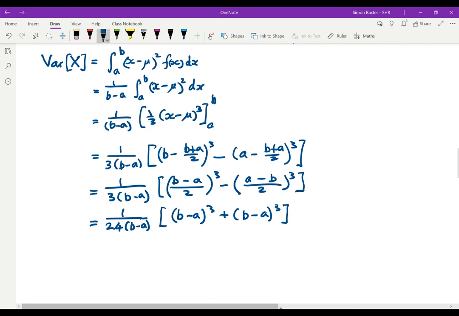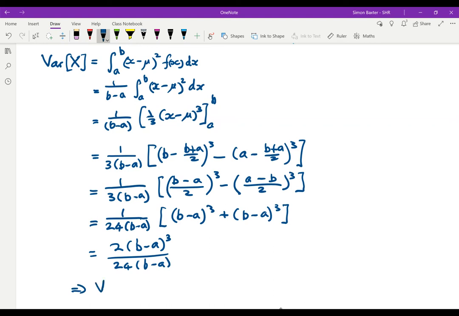Now we have a nice bonus. We have 2 B minus A cubed over 24 B minus A, and that gives us that the variance of x, cancel a B minus A squared, cancel a 2, is B minus A squared over 12, which is a rather nice little formula.